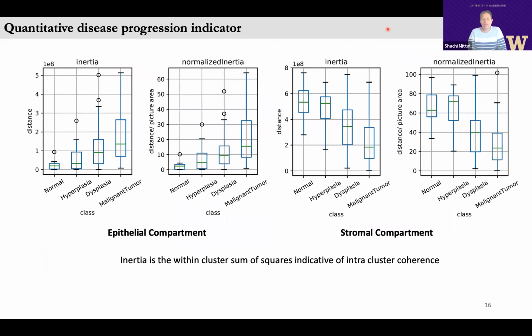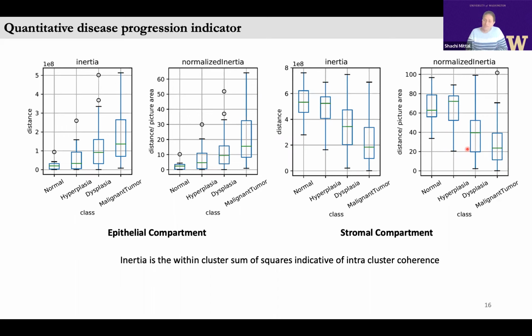If you look at the normalized inertia plots, for the epithelial compartment, the inertia increased with increasing severity of disease. In the collagen compartment, the inertia in our clusters actually decreased with increasing severity of the disease.